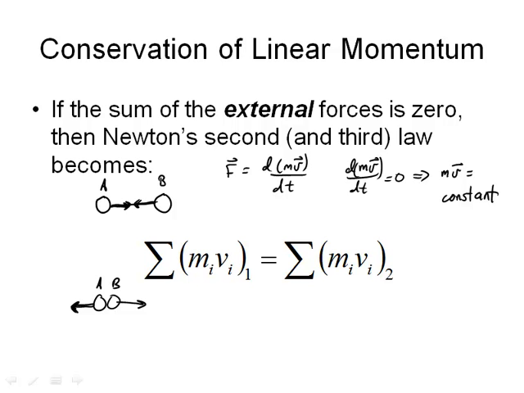Again, the individual momentums might be different. You could think of two ice skaters going down the rink, and one pushes off on the other, but not in the direction of motion. So maybe there's two ice skaters moving to the right, and the upper ice skater pushes the lower ice skater. The upper ice skater will move in that direction, the lower ice skater will move off in that direction.